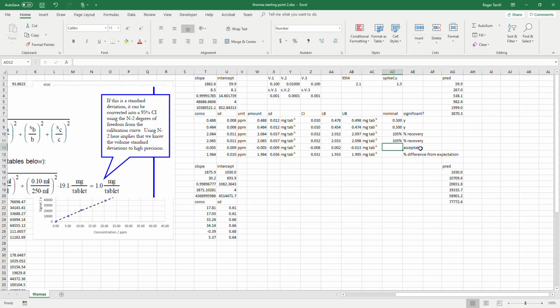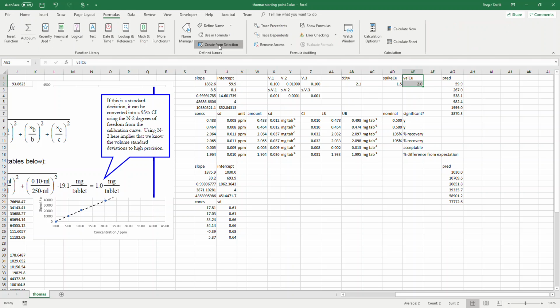And then the percent difference from expectation here, this depends on the validation for copper. Let's say the validation is 2.00, just to guess, right? I don't know exactly what they are. I can put this guy in, formula, create from selection, okay?